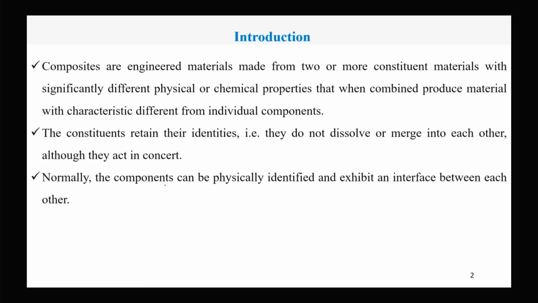So normally the components can be physically identified and exhibit an interface between each other. So there has to be some clear interface between the components and they can be physically segregated.